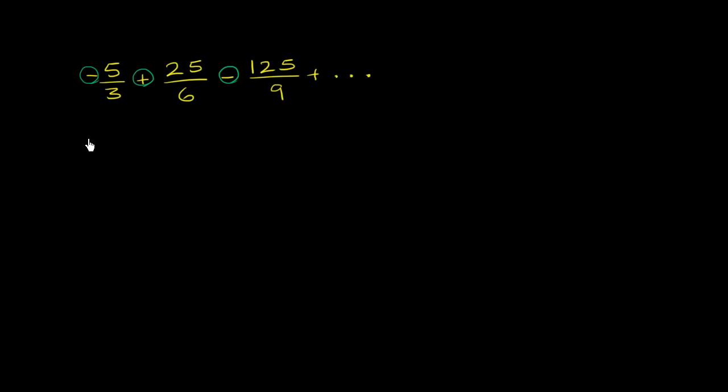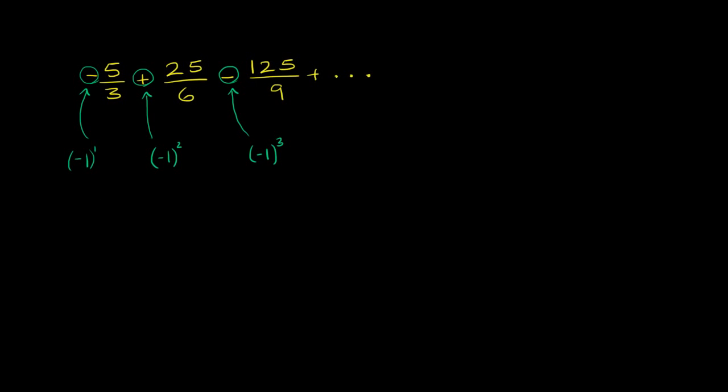So for example, that right over there is -1 to the first power. That, this right over here, is -1 to the second power. That right over there is -1 to the third power. So it looks like the sign is being defined by raising -1 to the index.